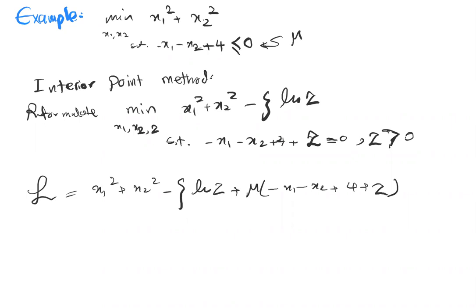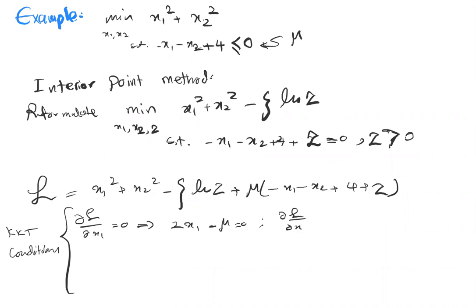Now we are going to write the KKT conditions. First, with respect to x1, it is going to be 2x1 minus mu equal to 0. With respect to x2, 2x2 minus mu is equal to 0. Then with respect to mu, which gives us our transformed inequality constraint, which is now an equality constraint.